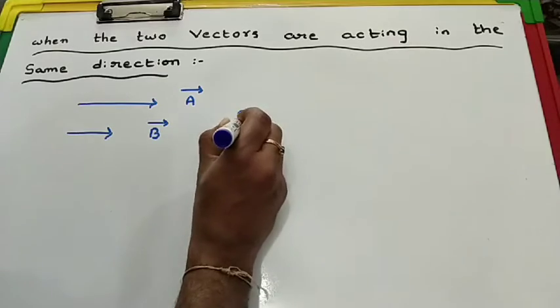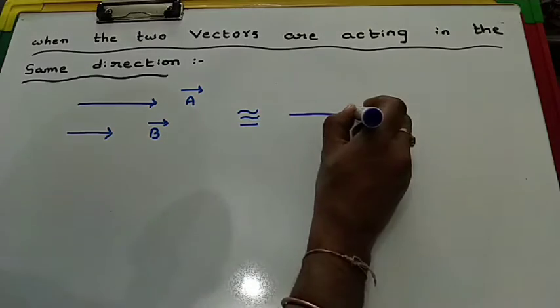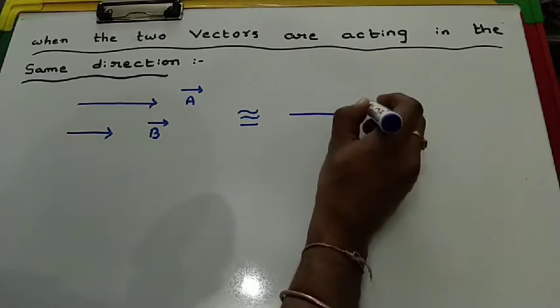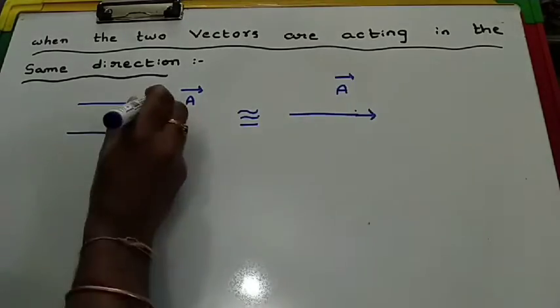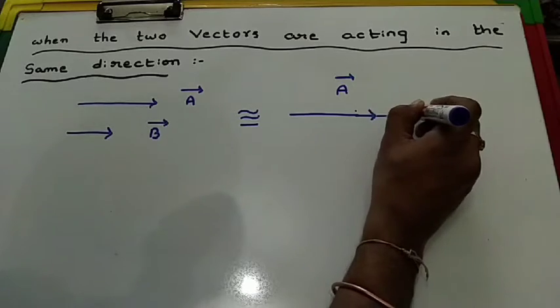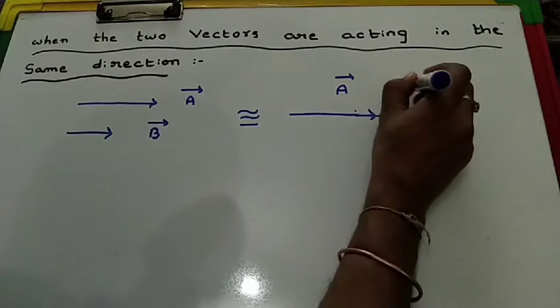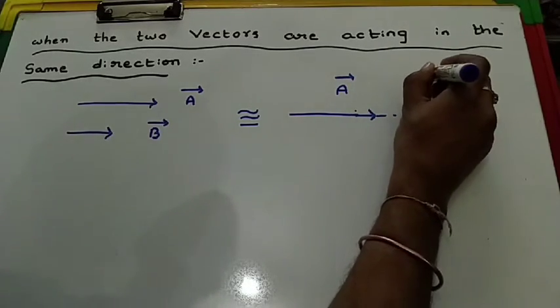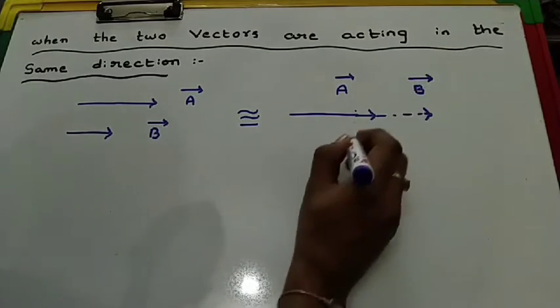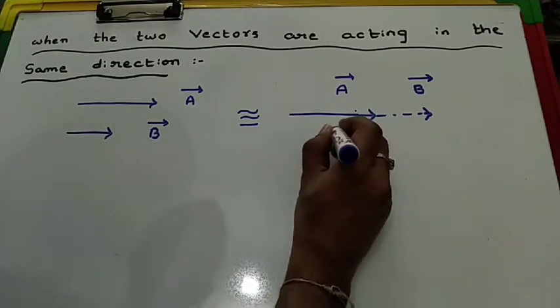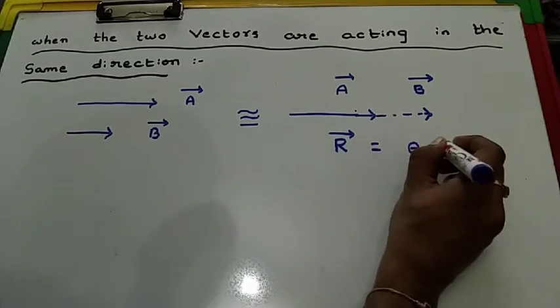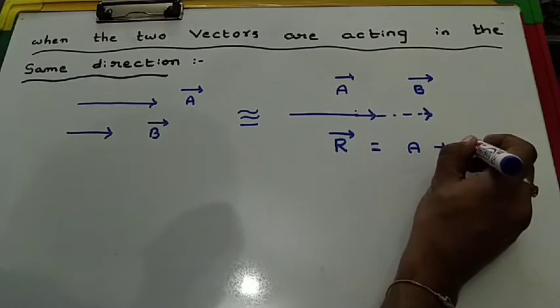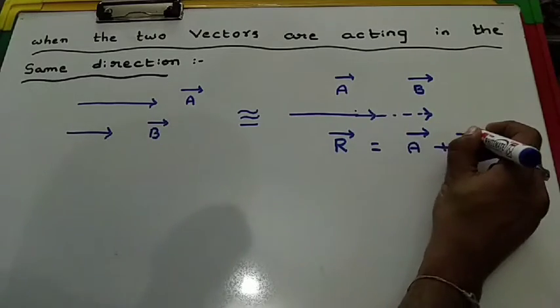Take vector A, and now B is also associated with A. Therefore, the resultant is nothing but the R vector. The R vector is equal to A plus B.